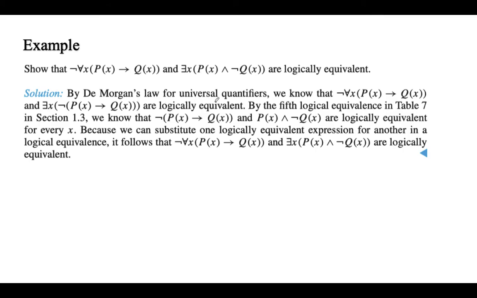By De Morgan's law for universal quantifiers, we know that not for all x, if p of x then q of x, and there exists x such that not if p of x then q of x, are logically equivalent.